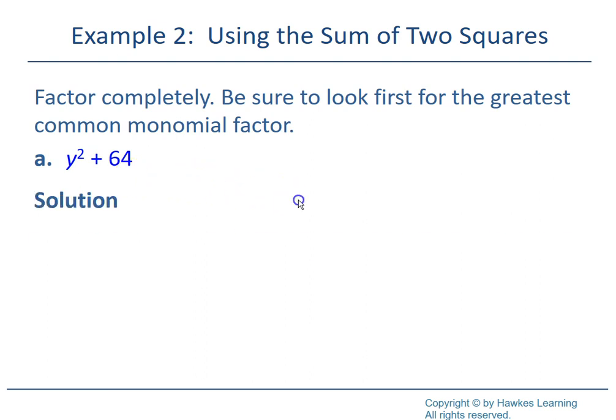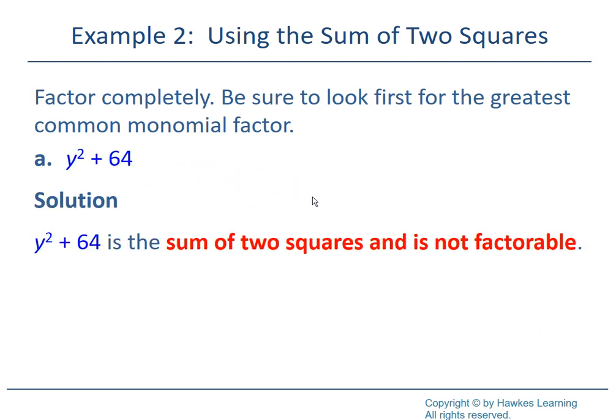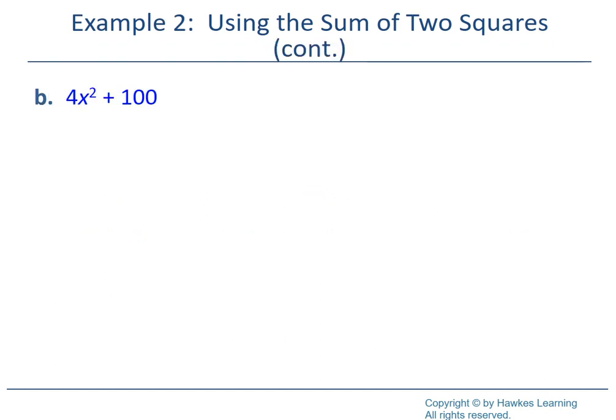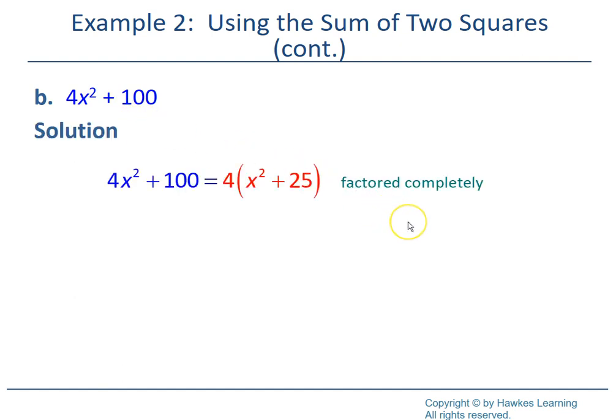This is not factorable. Again, this is the sum of perfect squares. Now you could factor it somewhat by factoring out the common 4 in both, but that's as far as you could go.